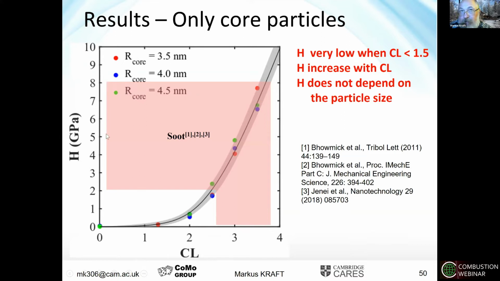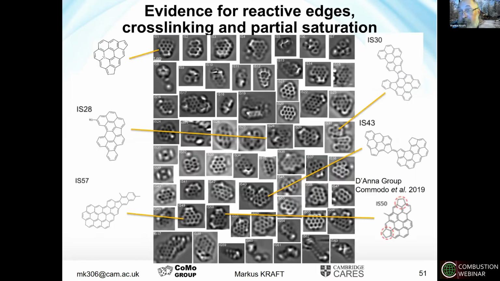Given how the crosslinks and the hardness correlated in our latest experiment, we can say that the crosslink factor in our model soot particle has to be larger than 2.5 and less than 4, which indicates that there are a lot of aliphatic, a lot of covalent bonds between the building blocks in a soot particle. Which means now we have to understand how these bonds can be formed.